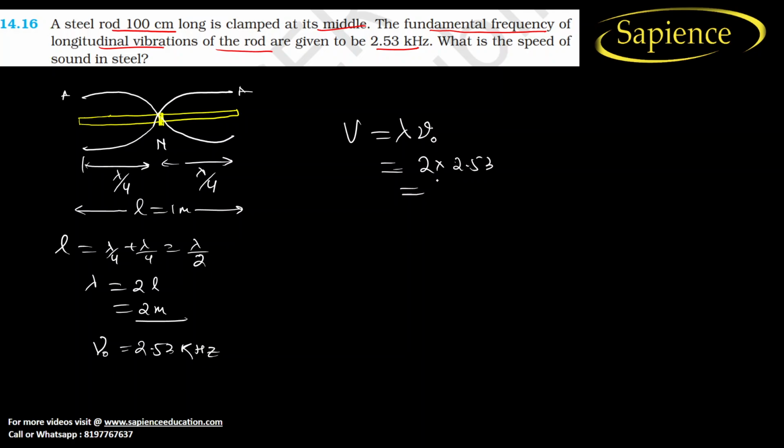It should be converted into hertz, so 2.53 into 10 to the power 3 hertz. So this will be 5.06 into 10 to the power 3 meter per second. I hope you have understood this.